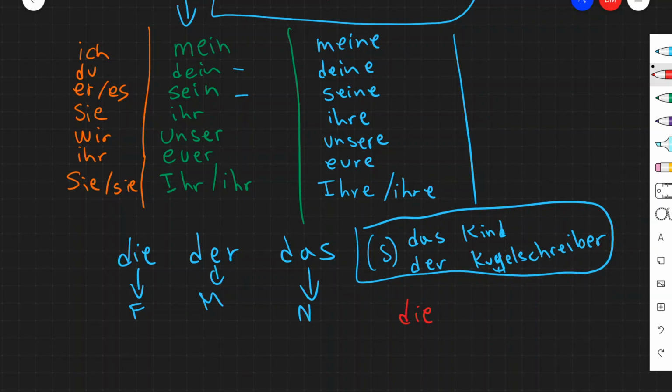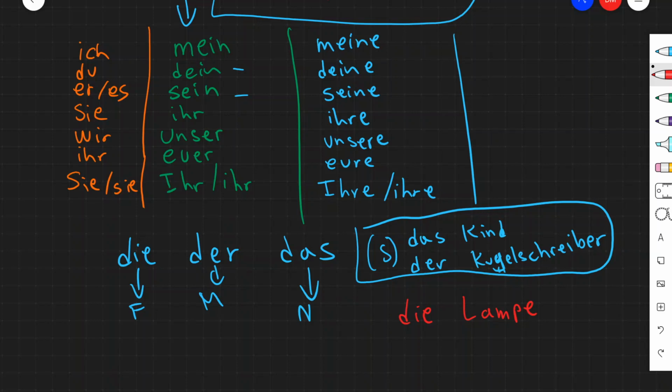Okay, for example, die Lampe, which means the lamp, but it has the article die, which is feminine, and it means the gender of this noun is female. So this one cannot use the possessive pronouns mein, dein, sein, ihr, unser, euer, ihr, because this is reserved only for the singular nouns with the articles das und der.